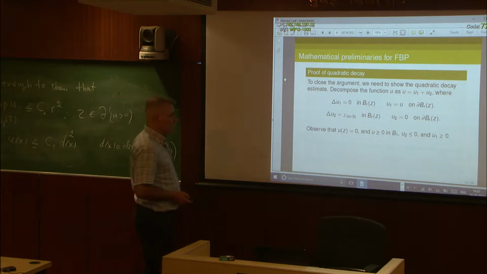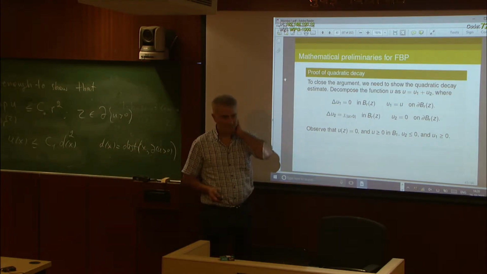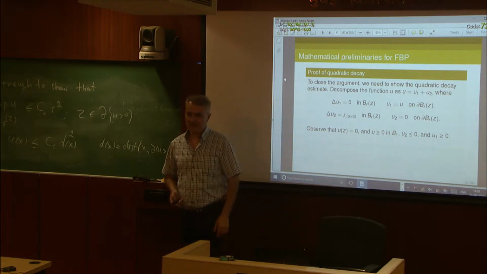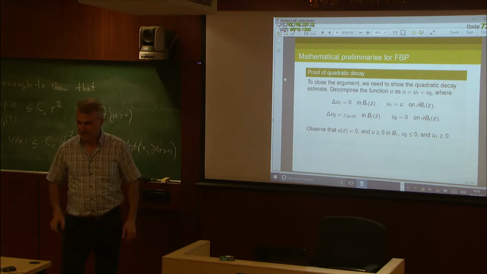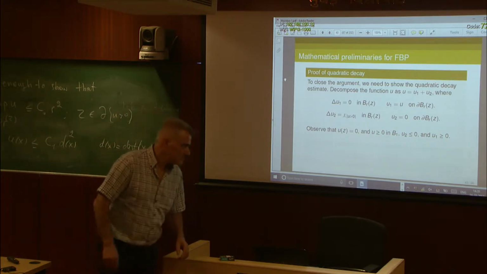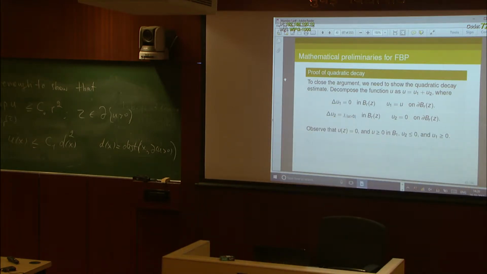And U is non-negative. And observe that U2 is actually non-positive. Why is that? Why is this function non-positive? Can you see that? The Laplacian of U2 is a non-negative value.